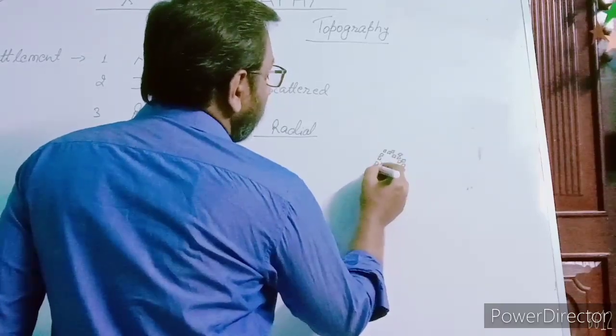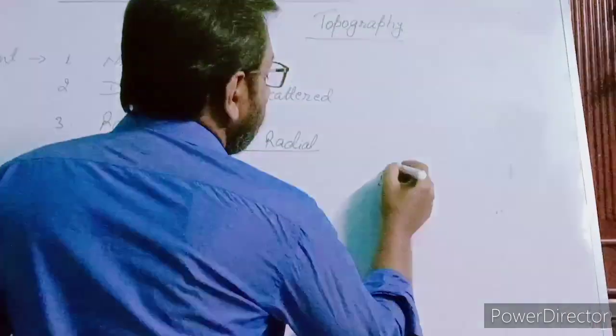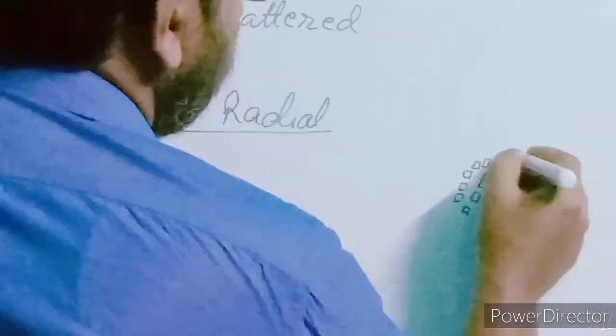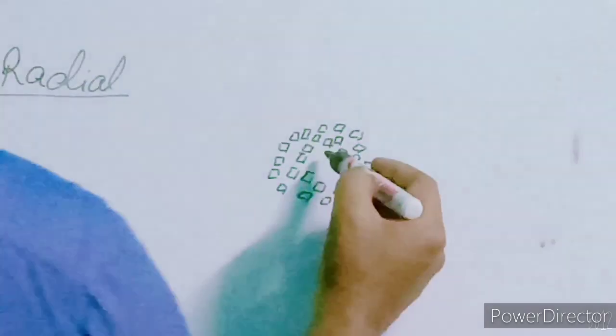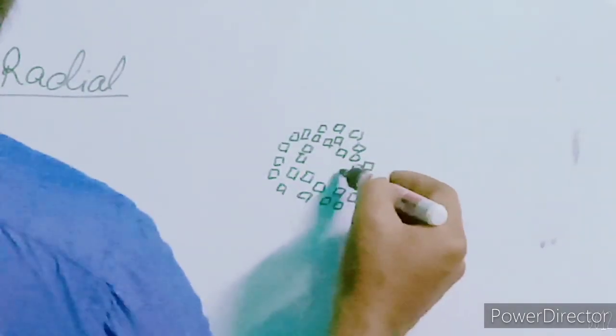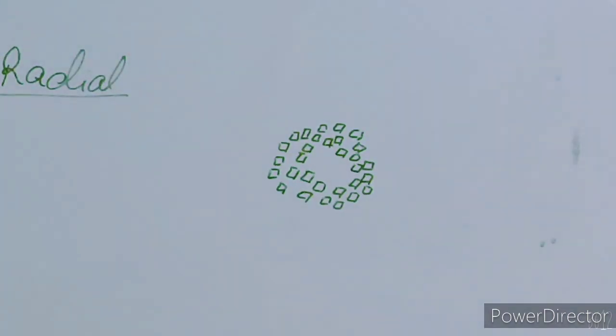In that central part of the settlement, there is a source of income. Which kind of source of income? Suppose this empty part is used for any religious purpose.